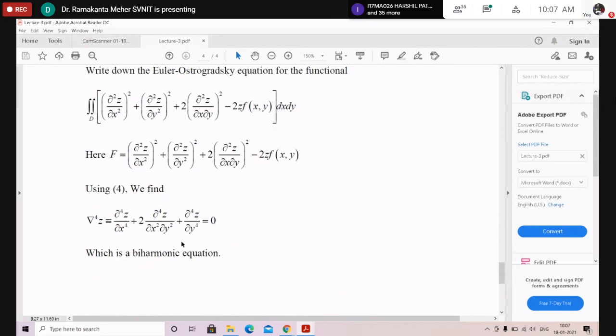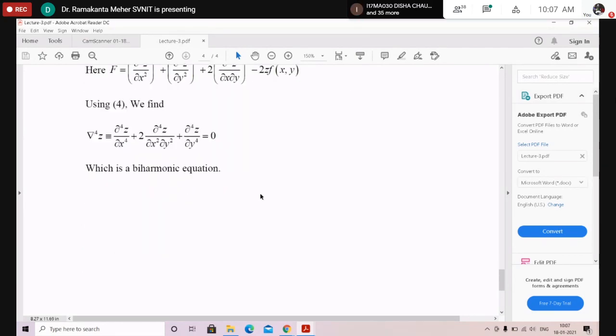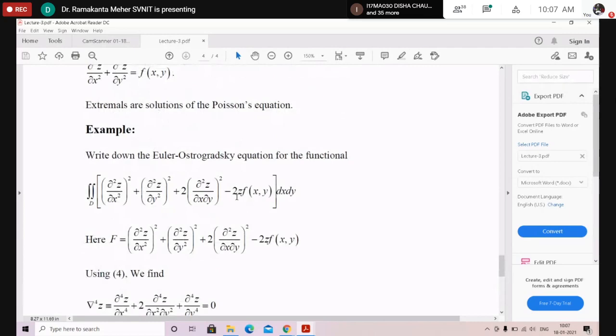If we find the solution of this biharmonic equation, that gives you the extremal of this problem. So this is all for today's class, and we will proceed further.